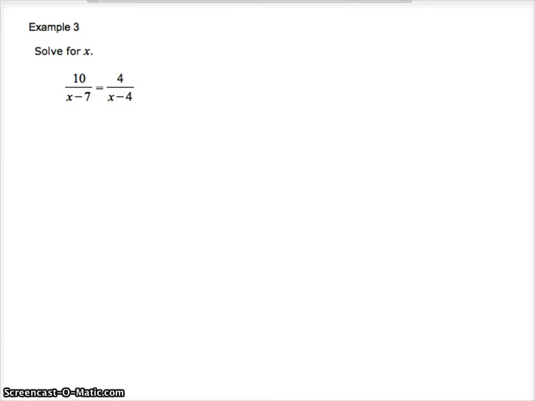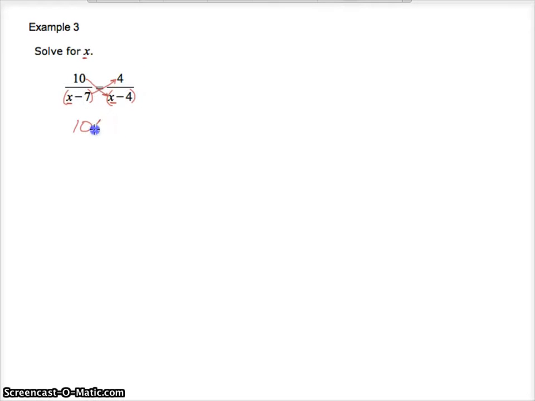All right, for example 3, I have yet another proportion, and it says solve for x this time. Here I've got two x's. And I'm going to have to cross multiply again. I'm going to need to apply the distributive property on both of these.